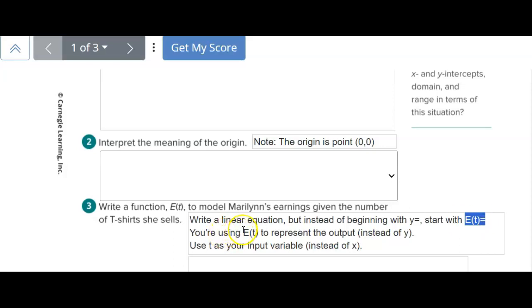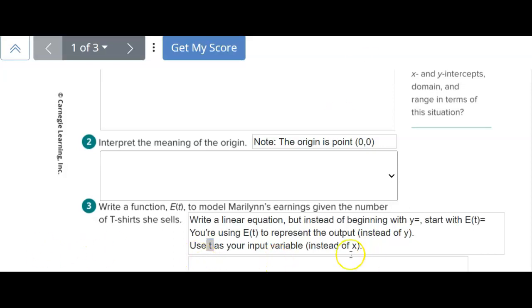So basically the E of t represents output, just like y represents output. And instead of using x as a variable, we're going to use the variable t, which makes sense in this situation because we're selling t-shirts. So t makes more sense than x to use as a variable in this scenario.